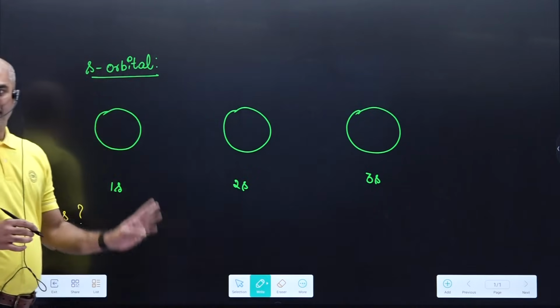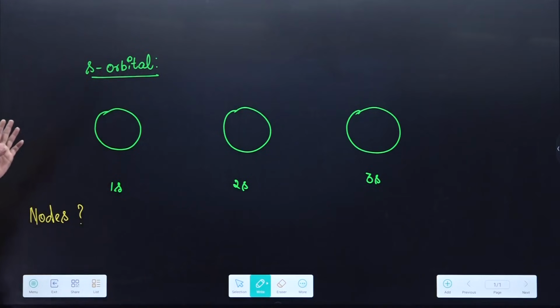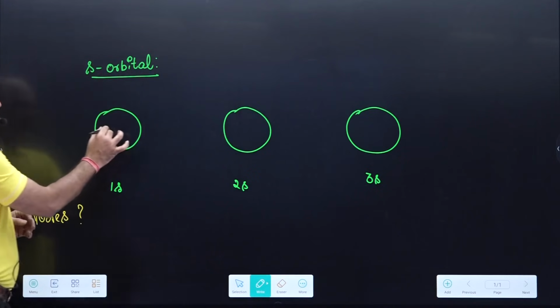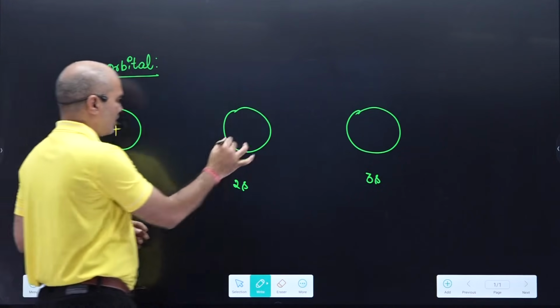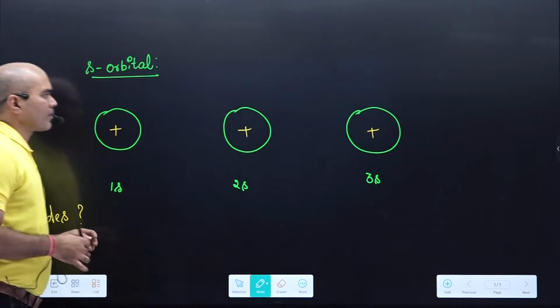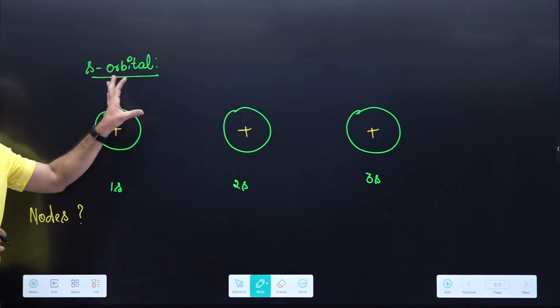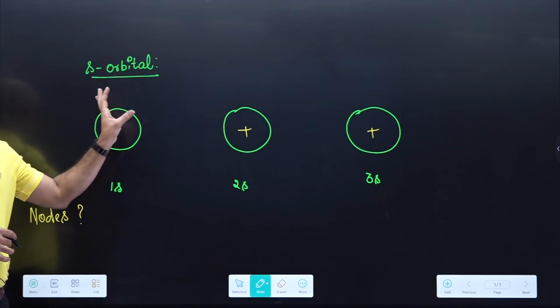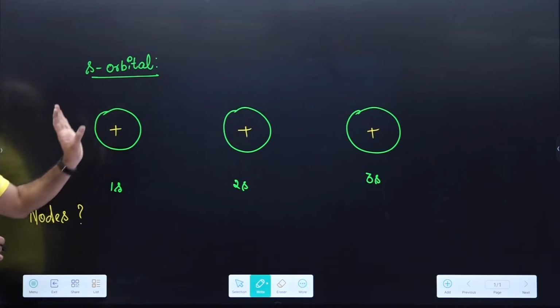Zero nodes for any s orbital. Let me choose 1s or 2s or 3s: zero nodes. So either I take plus or minus. It is immaterial. Either I can take totally plus or totally minus.